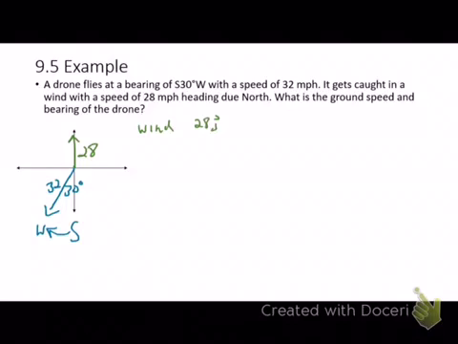And then the other one is going to be the drone. The drone, we know, is going 30 degrees west from south, and so we have to figure out what that angle really is.